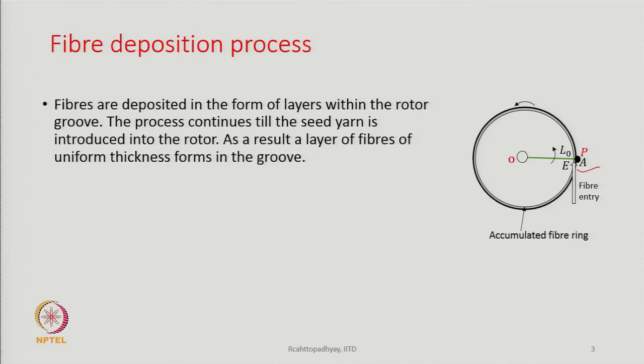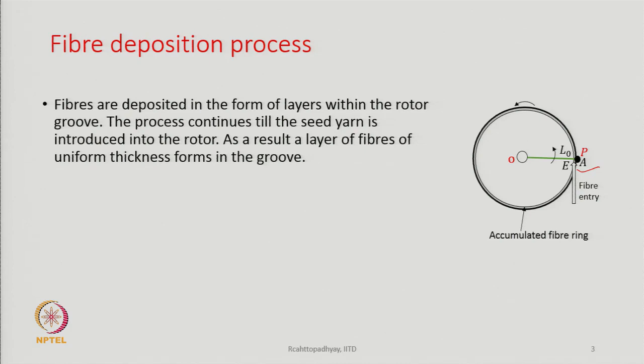The process of fiber deposition continues as the rotor rotates and fibers are continuously fed, and this will continue till the seed yarn is introduced into the rotor. When you want to spin the yarn, we have to have a bit of already formed yarn with us, which we will feed through the feed tube, and the yarn end will be sucked.